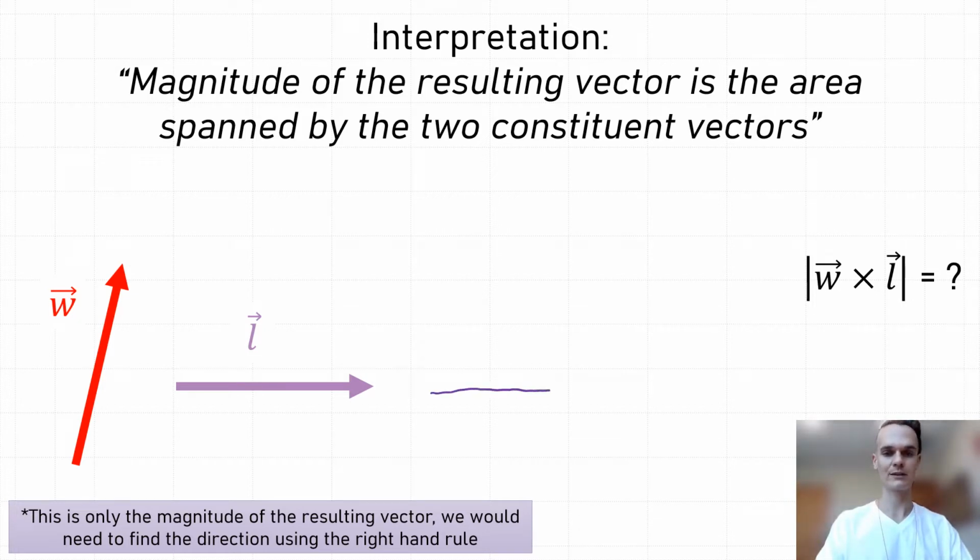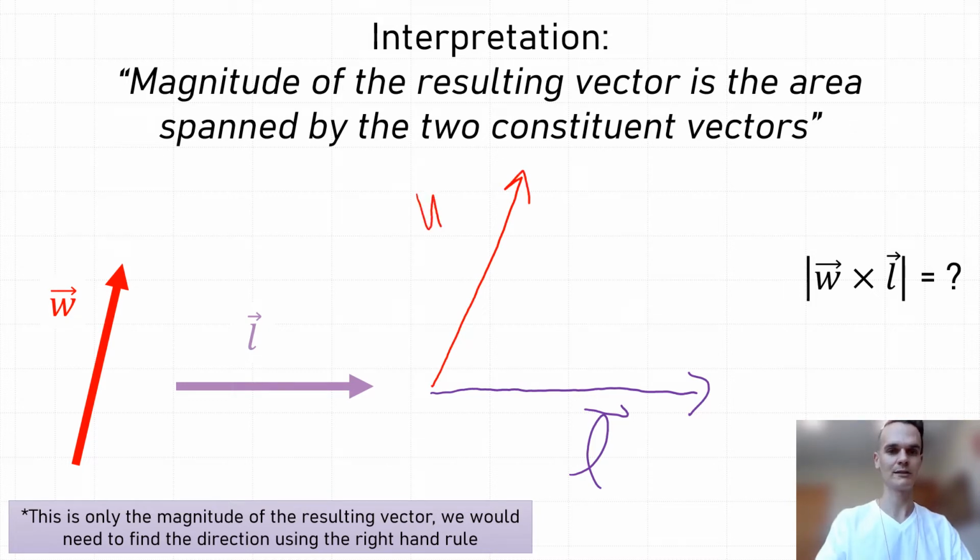I have vector L here, so this is our redrawn vector L, and then I have my vector W here, so this is my redrawn vector W, drawn tail to tail with vector L. The magnitude of the cross product is going to be represented graphically by a parallelogram, and vector W and vector L form two sides of this parallelogram. We have to draw in the other two sides ourselves.